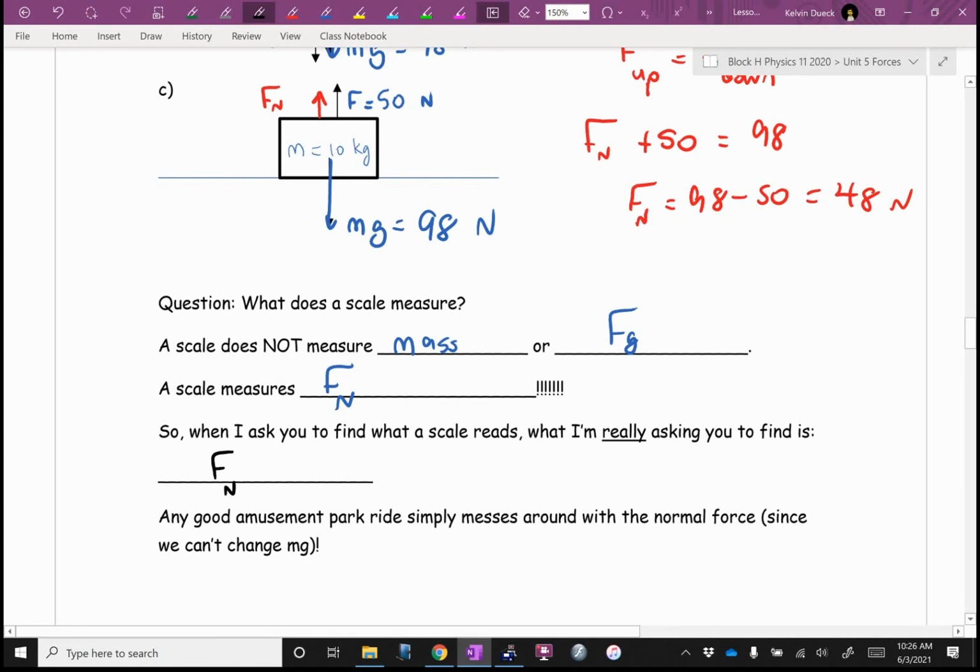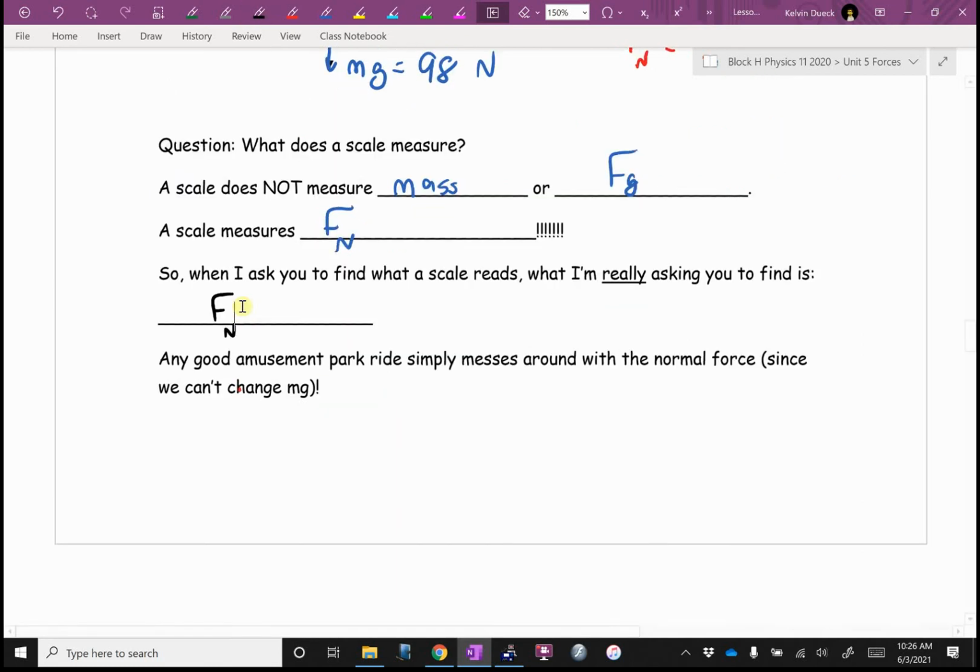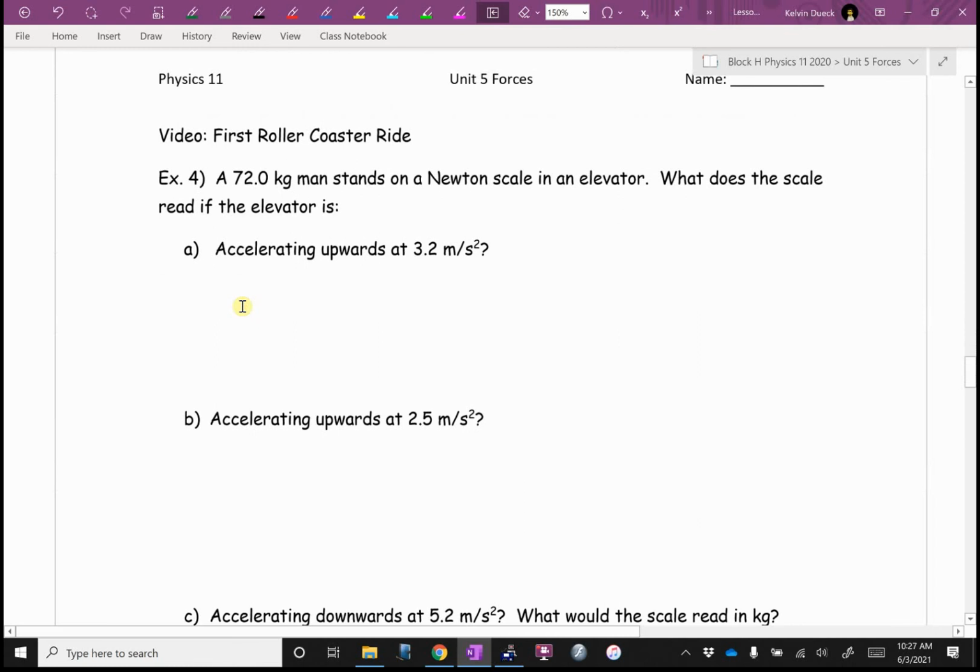They mess around with how hard your seat is pushing up on you. So you can't change gravity. I have a lovely video here. This is a kid's first roller coaster ride. See if you can spot the moment when, for the first time, this kid experiences a changing normal force.